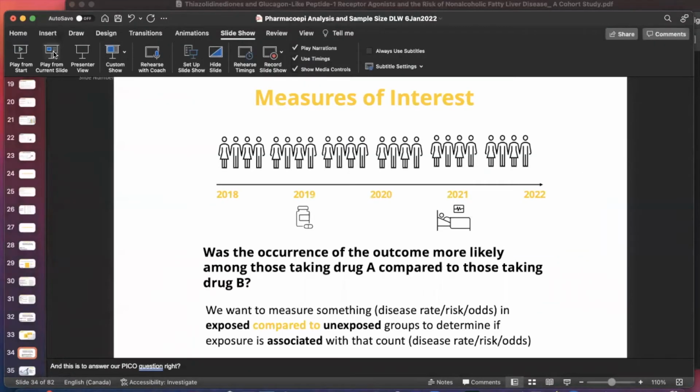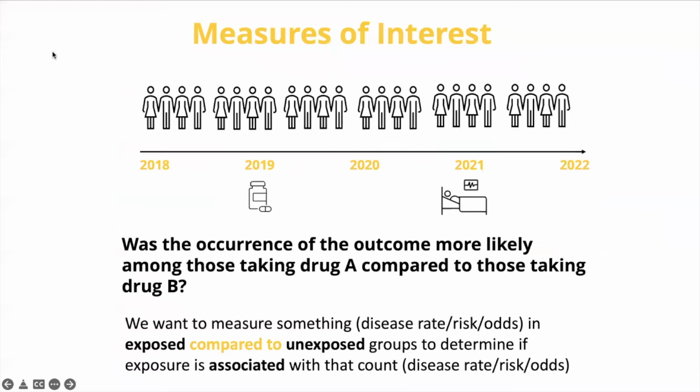Okay, so the other measures we're interested in looking at: you want to determine whether the occurrence of the outcome was more likely among those taking drug A compared to those taking drug B. So in other words, we would want to know whether the risk of liver disease was higher among those who were treated with TZDs compared to those who were treated with sulfonylureas.